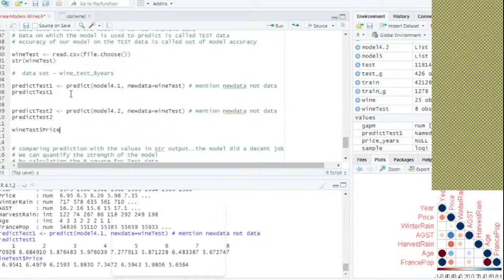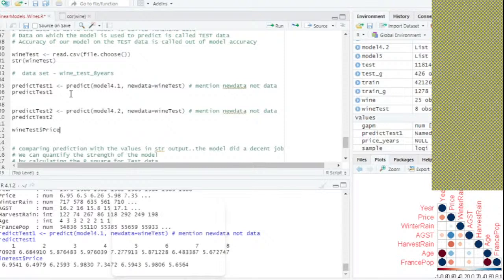So predict test will give you the predicted values of the model, and wine test dollar price, line 212, will give you the actual values. Okay, so this is your testing data, right?